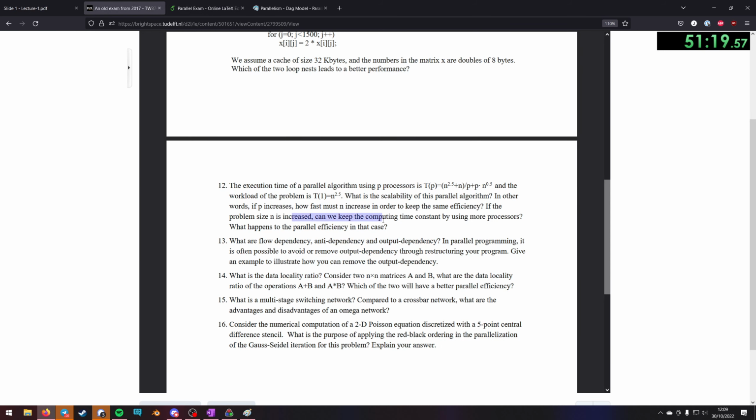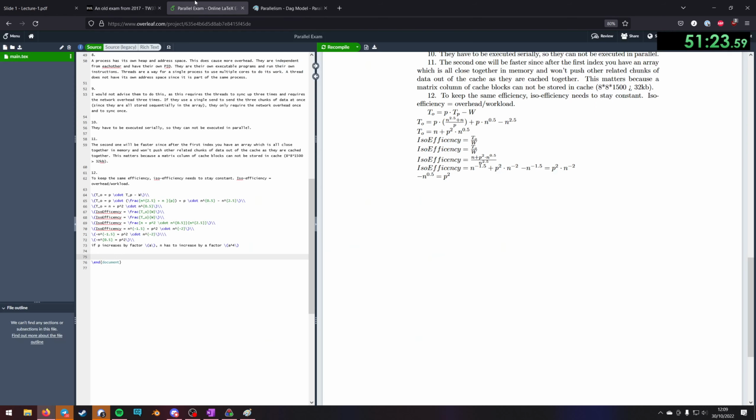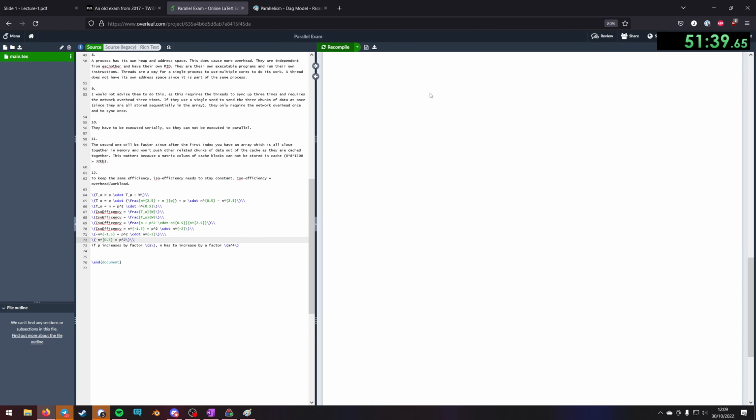If the problem size n is increased, can we keep the computing time constant by adding more processors? Let me recompile this.